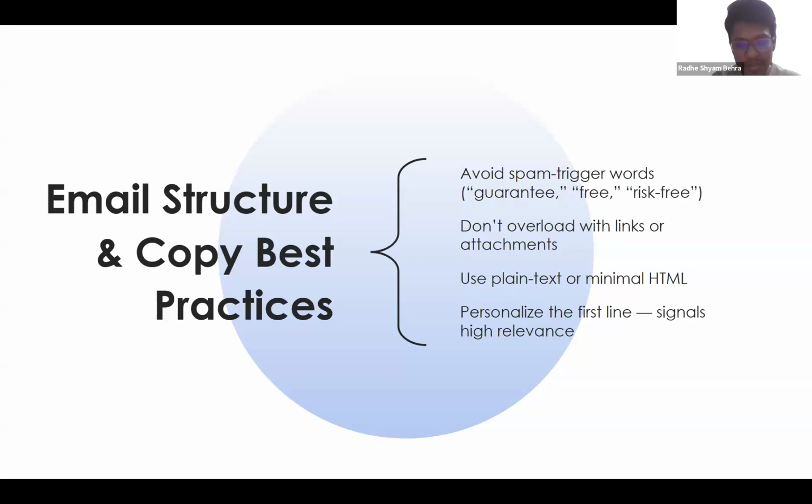Outbound is simply a cold email system which you use to reach out to people who don't even know you. But in inbound, people may have signed up on your website, attended your event, or attended your webinar. So you have a little bit of relevance in your communication when you're reaching out to them.